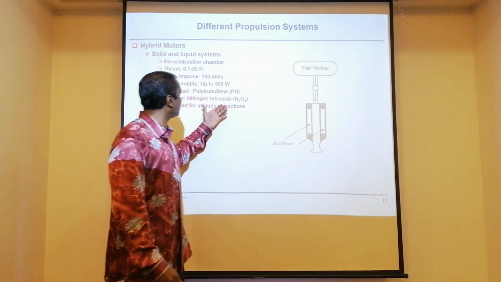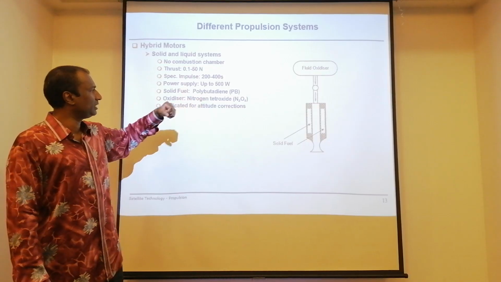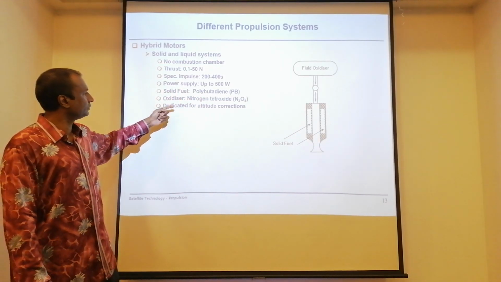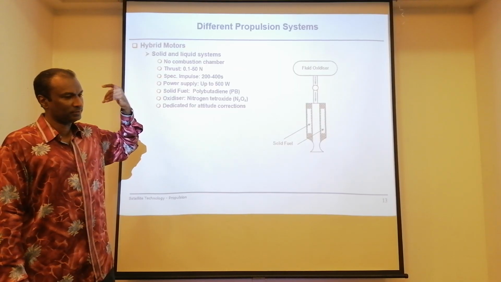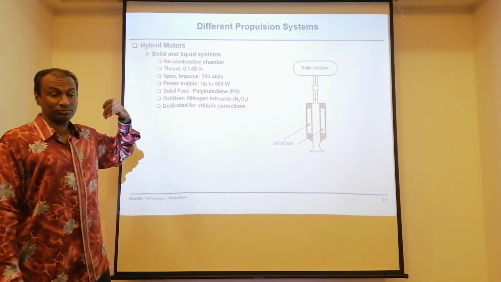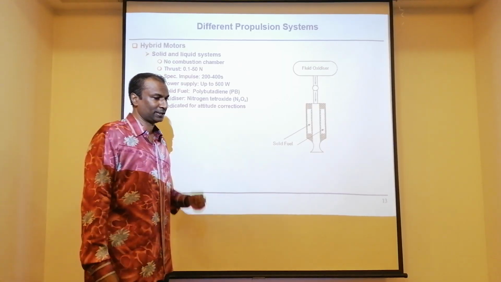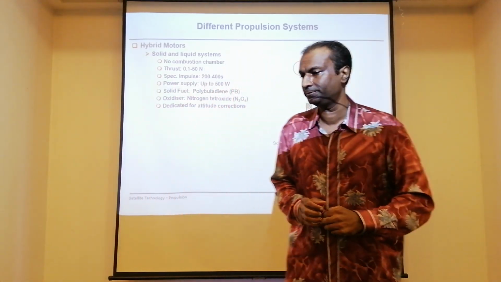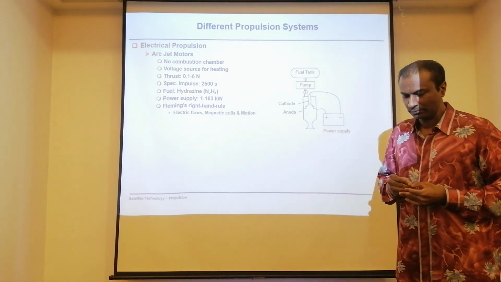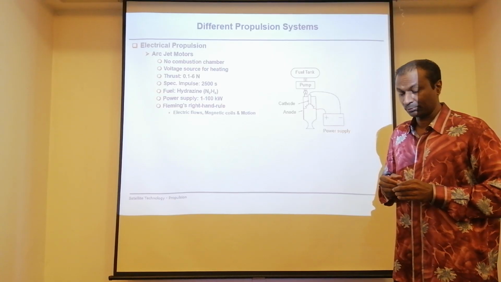If you look at the options that we have, polybutene. This is quite typical even for the rocket boosters. Oxidizer, again we can use the same one, nitrogen tetroxide, N2O4. Additive, you can consider this for your additive corrections. Okay, also. Go on.